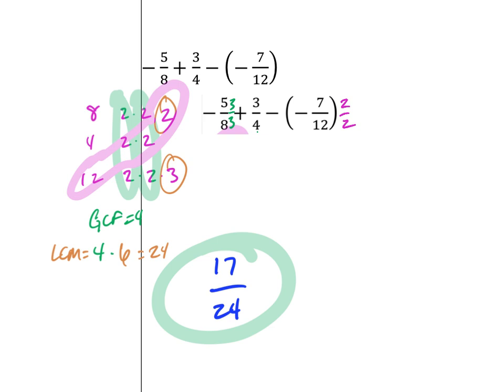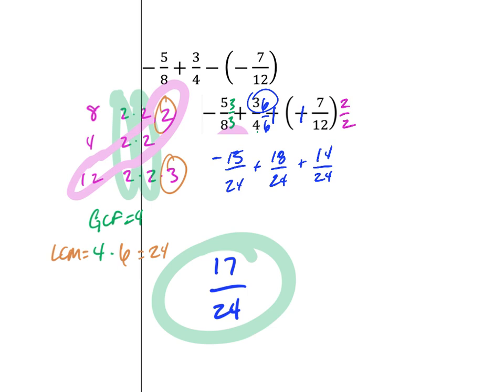So I've got to multiply 6 over 6, which gives me negative 15 24ths plus 18 24ths. And then if I'm careful, I can see that this is plus positive 7 12ths, which is the same thing as plus 14 24ths.